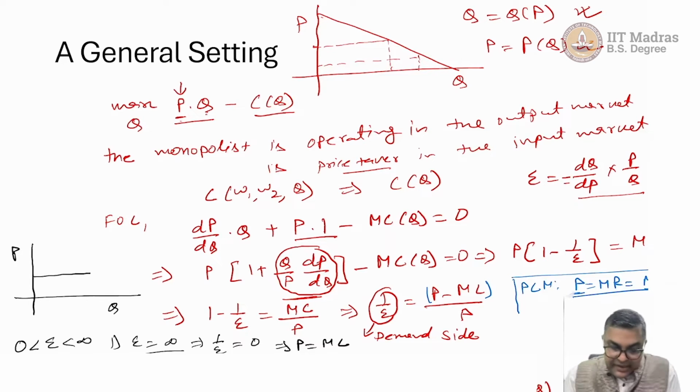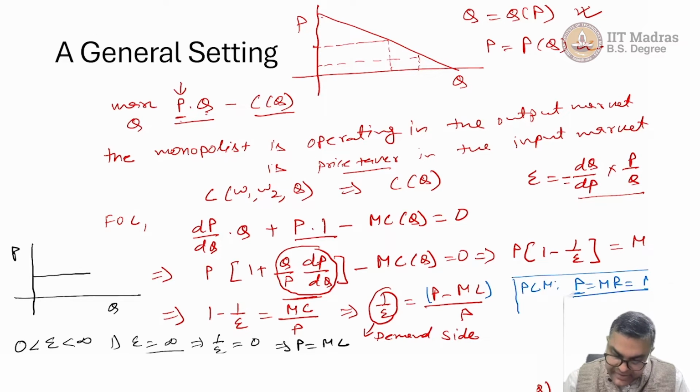But if epsilon is any other number, there is another possibility. Let us say epsilon is between 1 and infinity, what is going to happen? 1 by epsilon is going to be between 0 and 1, and it means 1 minus 1 by epsilon is going to be between 1 and 0.